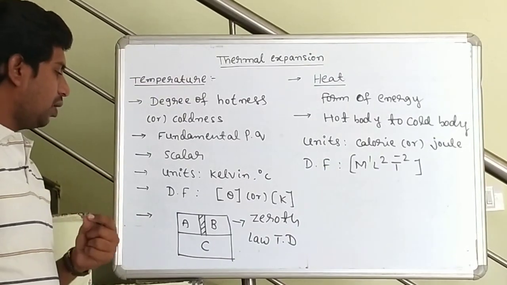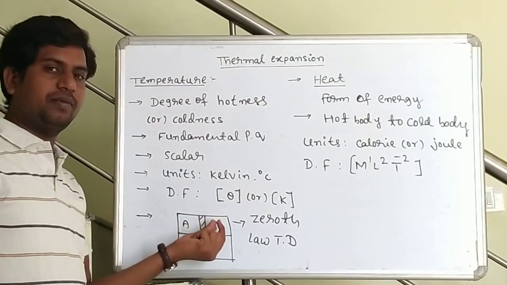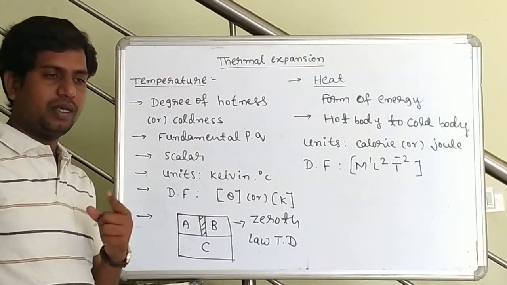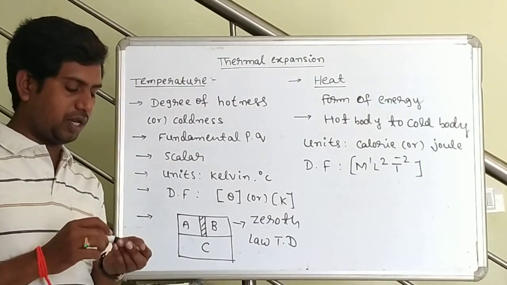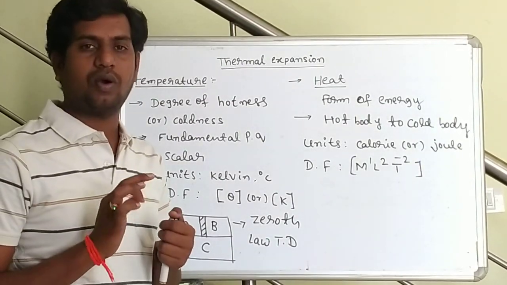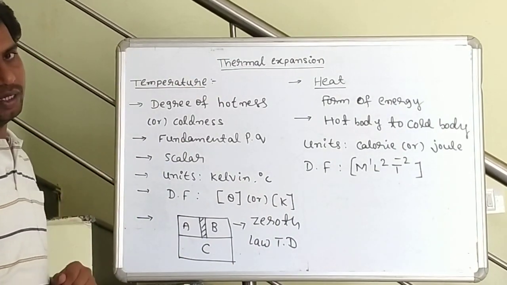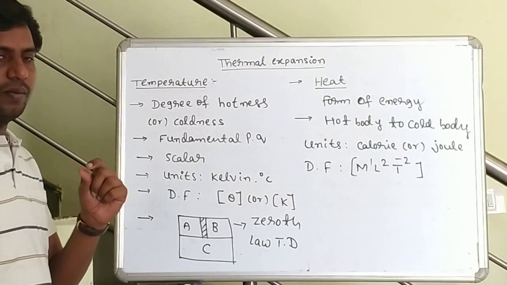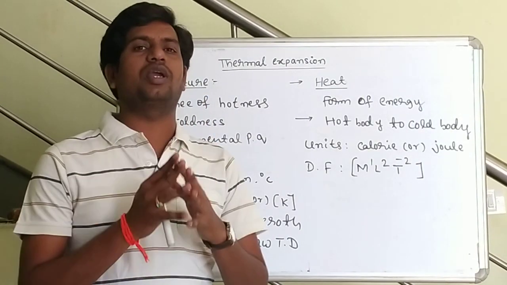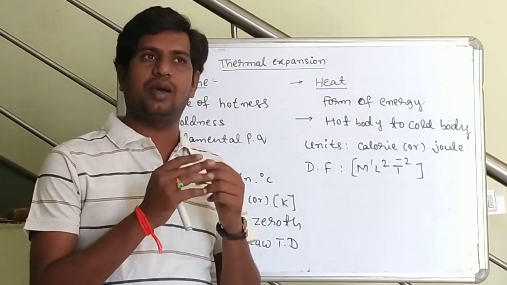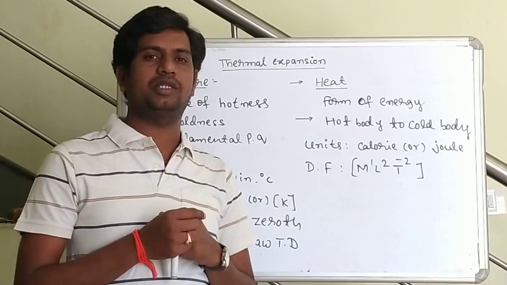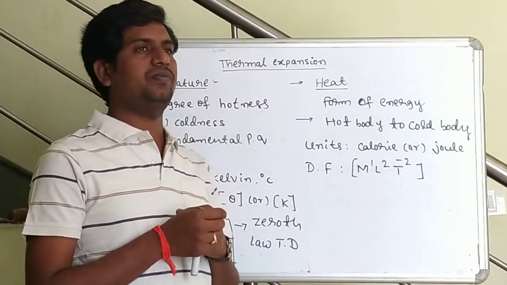This means when systems are in equilibrium, there is one physical quantity which remains constant, and that physical quantity is temperature. When two bodies are in thermal equilibrium, their temperatures must be equal.